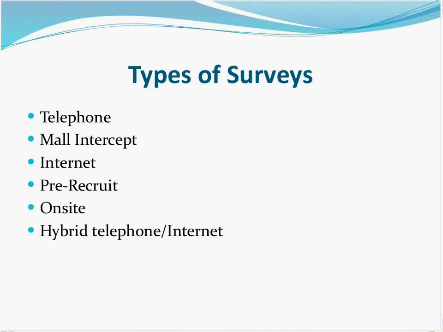Another type of survey is the on-site survey. A lot of people seem to think that this is an easy survey to do. For example, we're going to be at a trade show, maybe we can interview people at a trade show. Or going into a department store or a specialty store and trying to find people who are qualified to take the survey within the store.